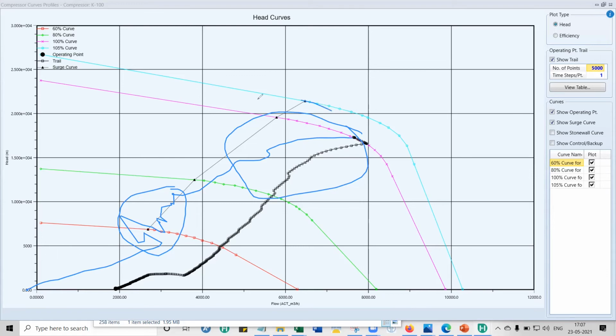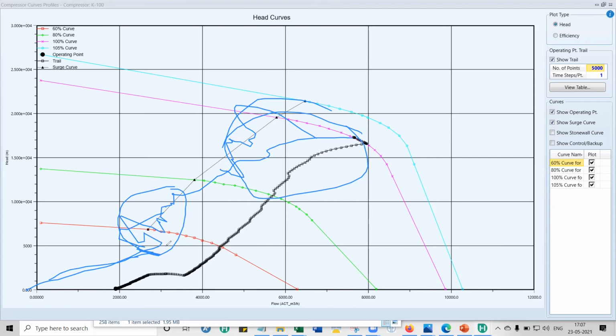So if this operating point went like this, then you have a very high energy surge. But at places like this, we say it is low energy surge. But does it mean it is acceptable? That you can only get from the compressor manufacturer, because he is giving the guarantees and warranties.